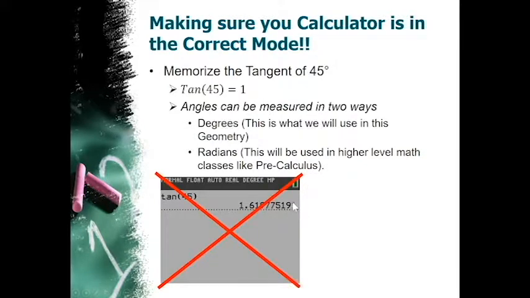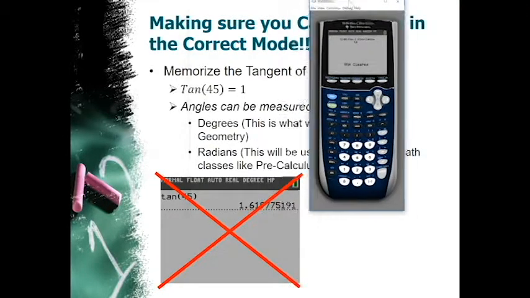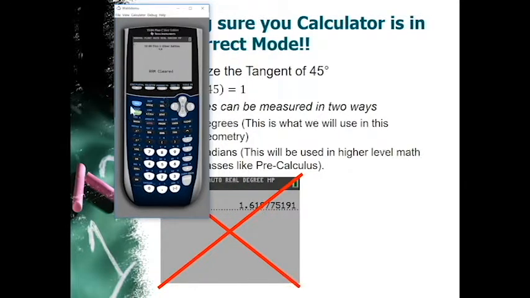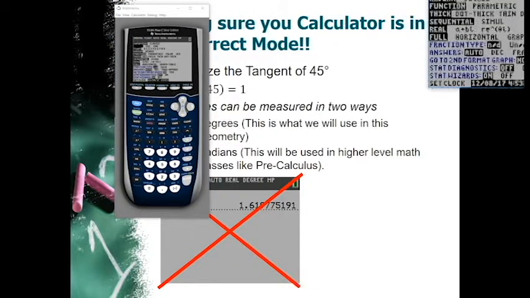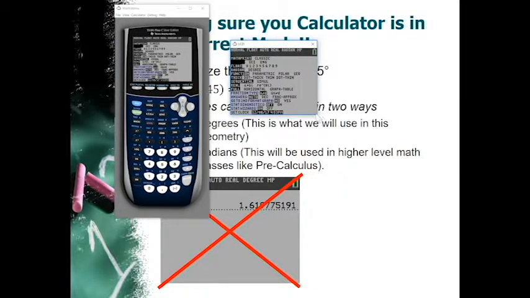So what you have to do is go into your calculator. We'll pull a calculator up here so you can take a look. Here's a calculator. You want to go into your mode, and you want to go down right about here where you can see radians and degrees. I'm going to try to detach the LCD here so you can see it a little larger.